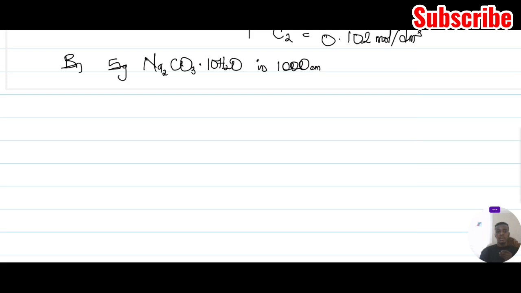We dilute to 1000 cm cube and then calculate the concentration. And how do you do that? If you dissolve 5 grams of this in 1000 cm cube, this will be the concentration of the solution. We can calculate that using this formula.